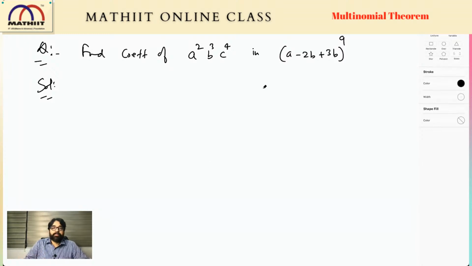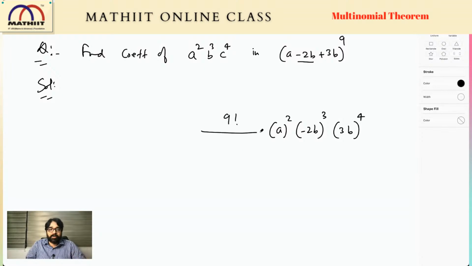Done? I guess so. So we'll say that I want a square, this power should be 2, this power should be 3, and this power should be 4. So I will say a power 2, minus 2b power 3, and 3c power 4. That coefficient will be 9 factorial divided by 2 factorial, 3 factorial, 4 factorial. This is the way to write.